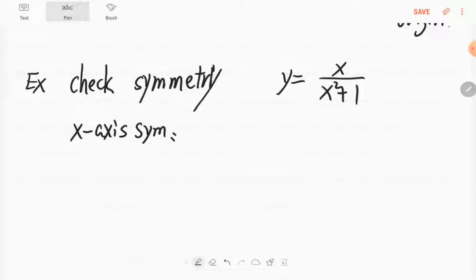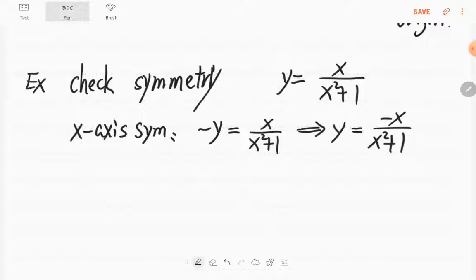What we should do is replace y with negative y. Do we have the same equation as the original one? No, because it gives you y equals negative x over x squared plus 1. So this is not the same equation, so there's no x-axis symmetry.